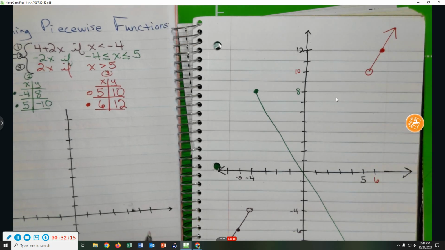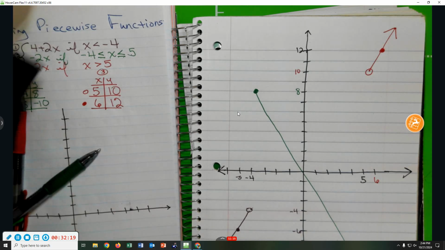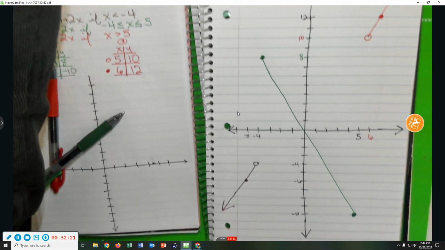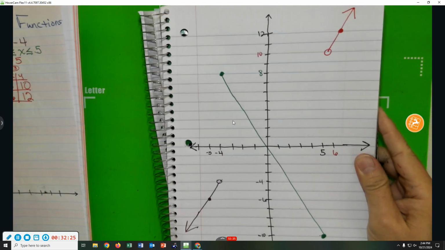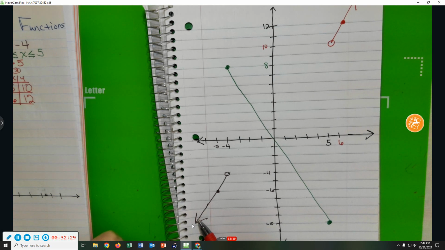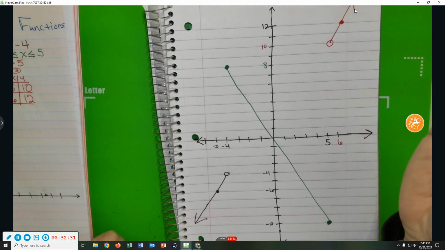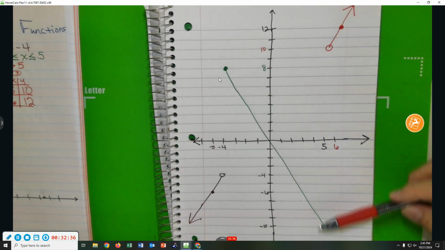If you're going to have arrowheads on these piecewise functions, you can only have one arrowhead on the left, one arrowhead on the rightmost portion of the graph. You can't have arrowheads appearing throughout.